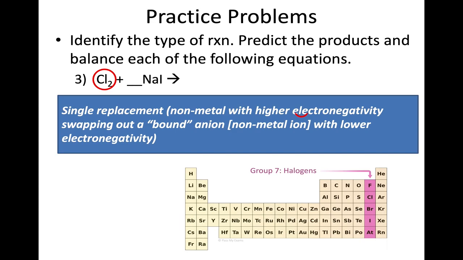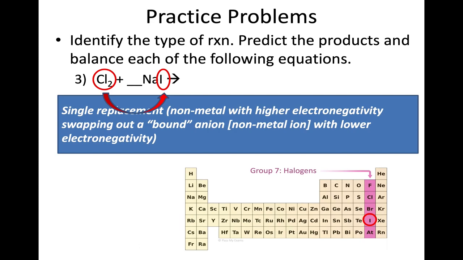It's a single. There it is on the periodic table. I can't use the reactivity table because it's not a metal. It's going to kick out the non-metal ion, the anion, because it has lower electronegativity. So a higher electronegativity will kick out a lower. If it was the other way around, iodine with sodium chloride, it would not react.